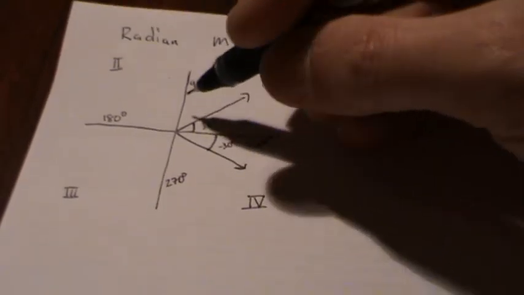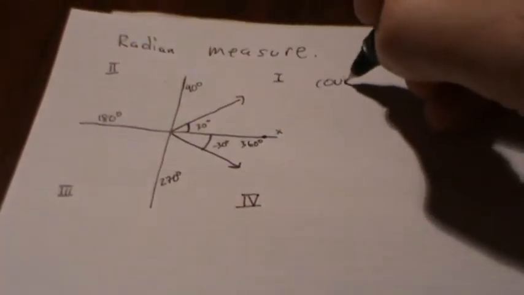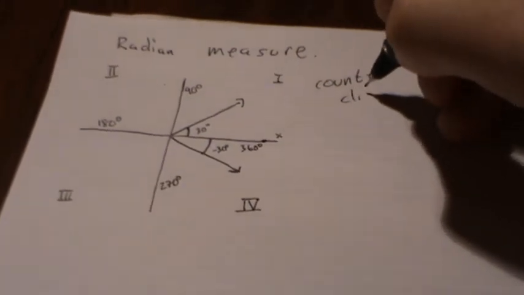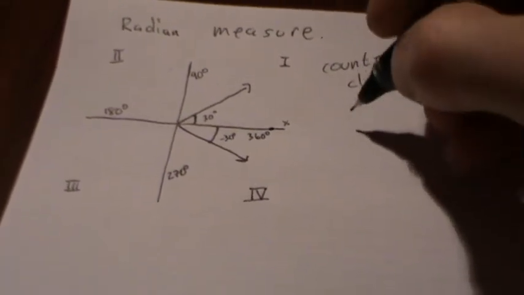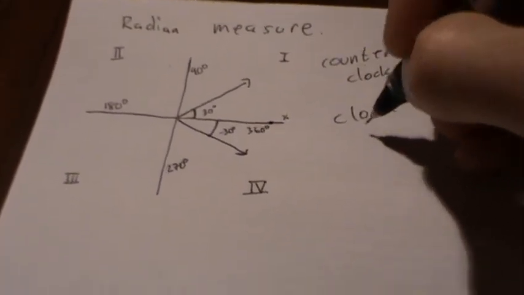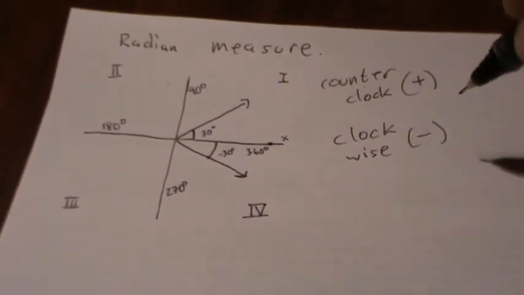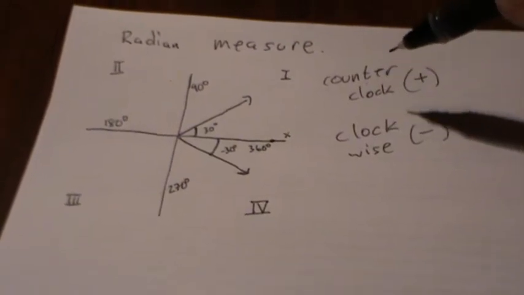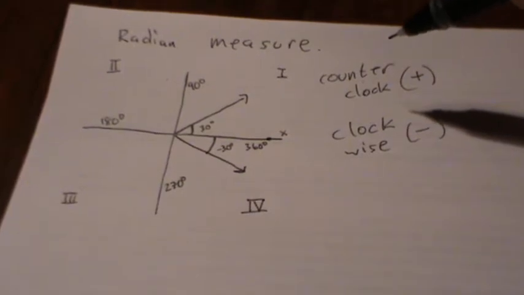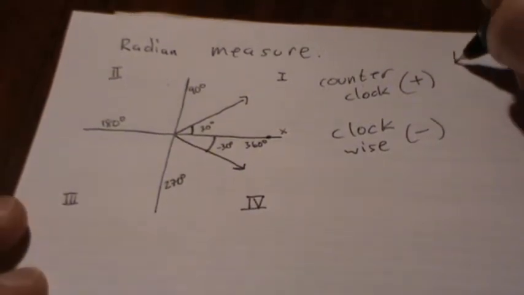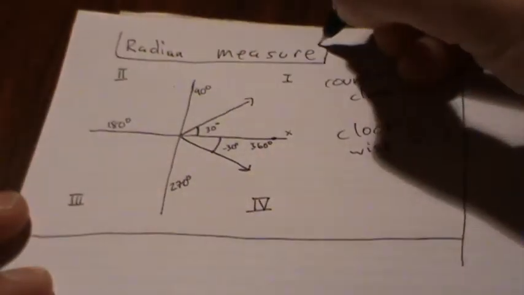They either rotate this way, counterclockwise is positive, and clockwise is negative, or anti-clockwise if you're from Britain. Anyway, that's actually not the radian measure yet. That's just angles in general.